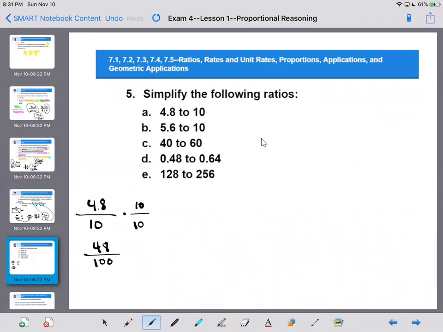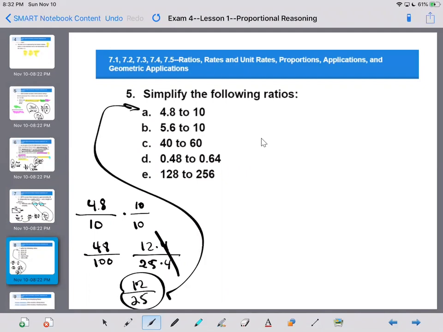I think we have 12 and 4, and 25 and 4. Both of those would simplify, so you'd get 12 25ths as 4 8/10 to 10.